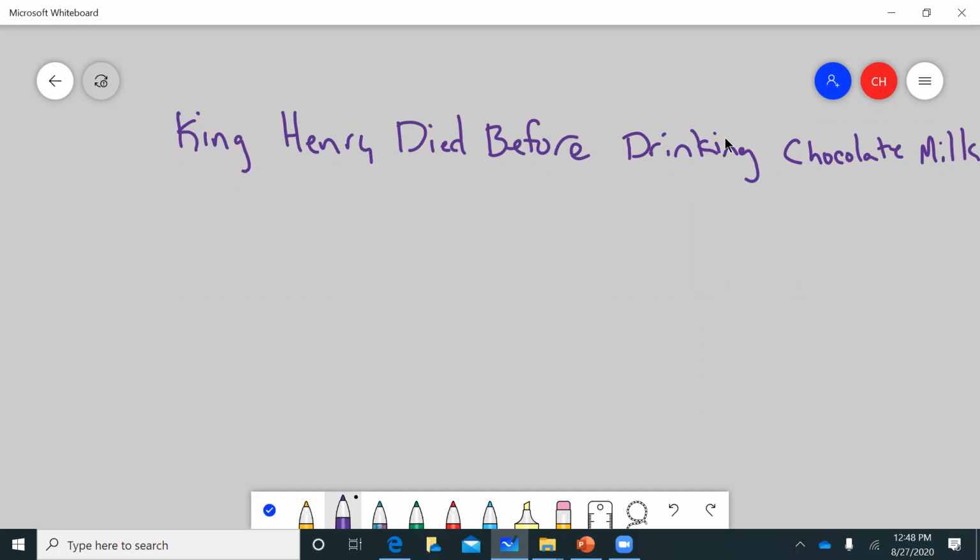Okay, King Henry died before drinking chocolate milk. So the before in the middle, this is your base unit.